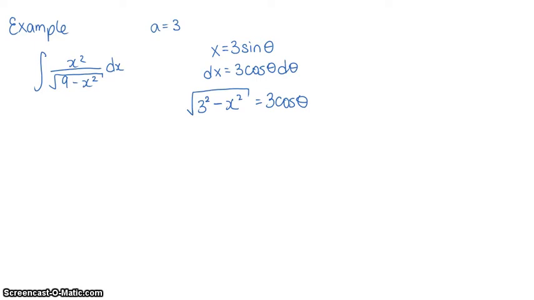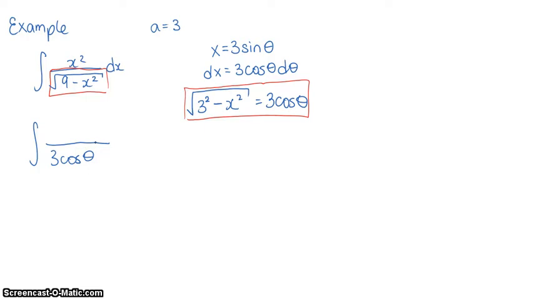So how we're going to use the substitution, we're going to take this portion here, 9 minus x squared all square rooted, and we're going to replace it with 3 cos theta. So now we've got the integral with 3 cos theta on the denominator. For my x squared, I'm going to use my x definition of 3 sine, and I'm going to write that as 3 squared sine squared theta, so basically squaring my x term.